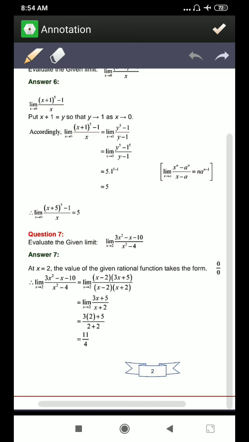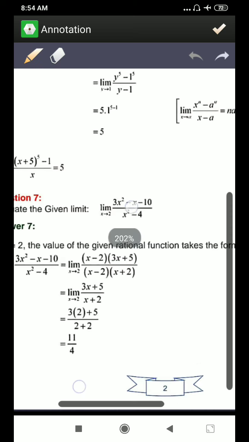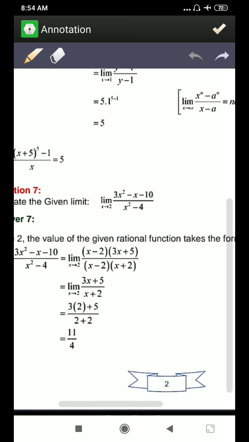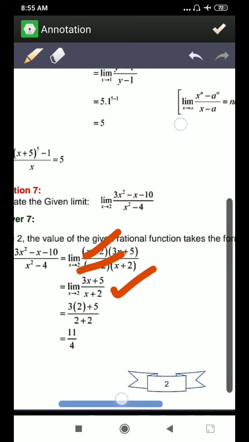Now x minus 2 is a common factor in numerator and denominator. You just cancel out both and you are left with this. Now 0 by 0 form is removed, so just replace x by 2. So 11 by 4 is the answer.